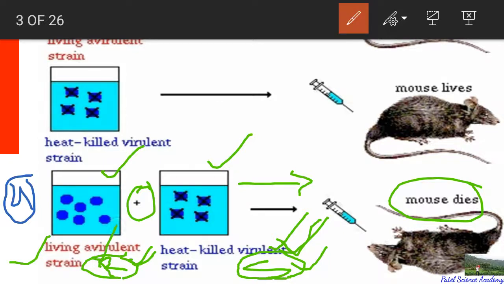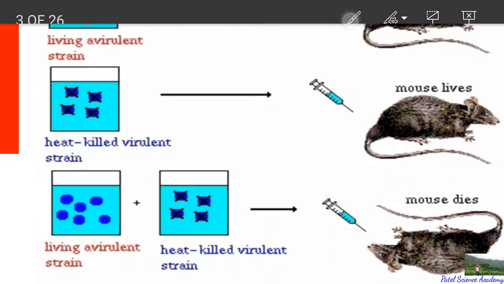R strain in the first step is not responsible for the death of the mice, and heat killed S strain in the third step is again not responsible, but the mixture of heat killed S strain and living R strain, when they get mixed with each other, is responsible for the development of the disease pneumonia. So what was the conclusion of this Griffith experiment?